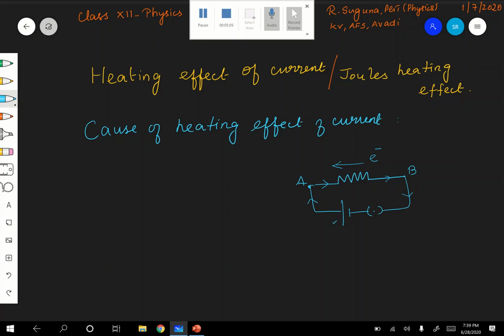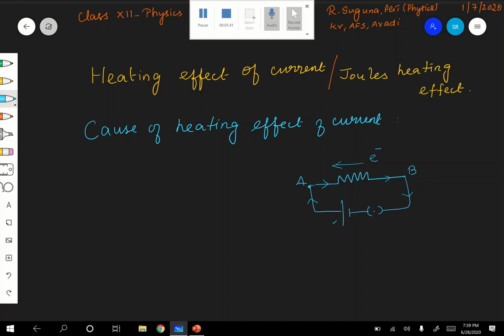These accelerated electrons, as they collide with the ions or atoms on the path, transfer all their kinetic energy to the atoms or ions with which they collide. So now the ions and atoms are getting more energy, and as they get energy, they vibrate. Because they have some thermal energy, they are never at rest; they vibrate with a certain amplitude.